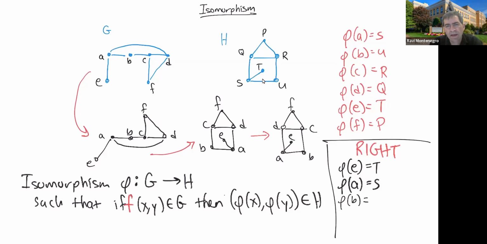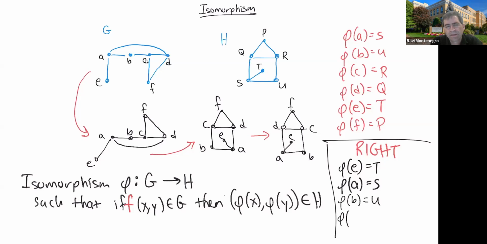So next to A, that's next to S, I look for a degree 2. There's only one choice, U. And I'll continue from there.